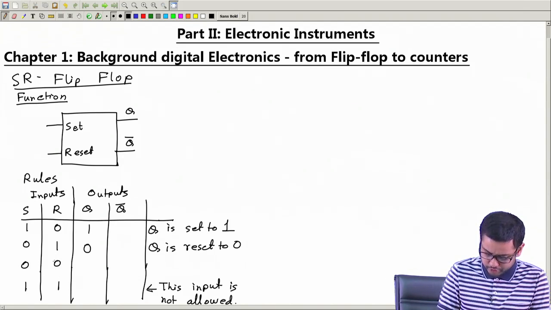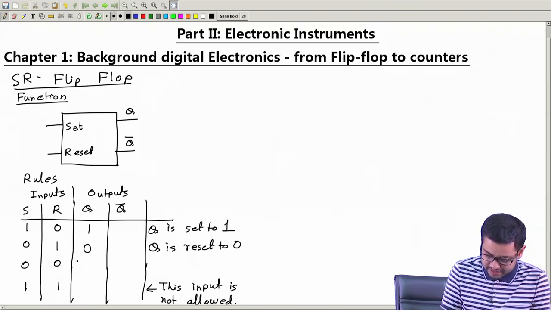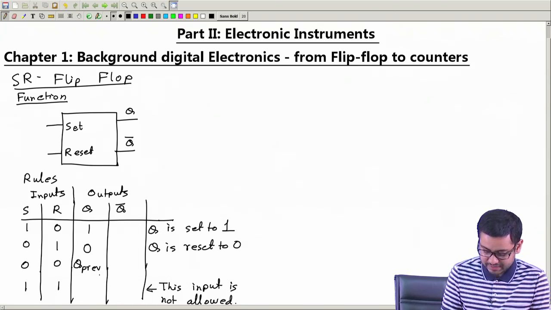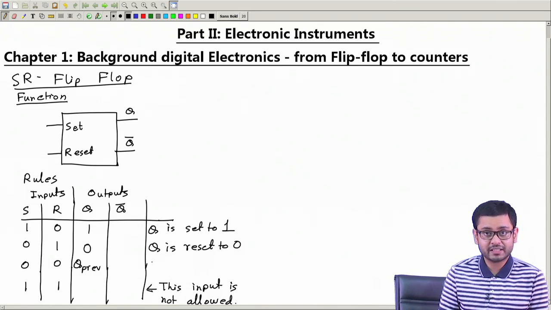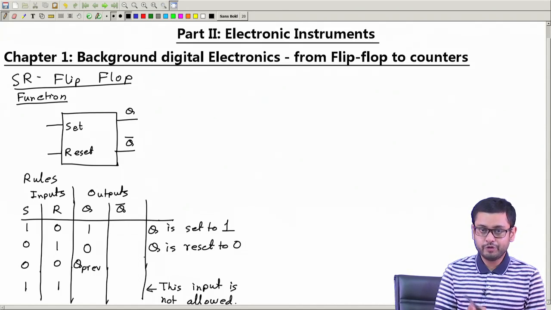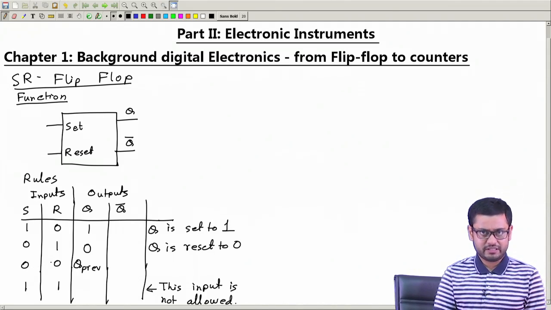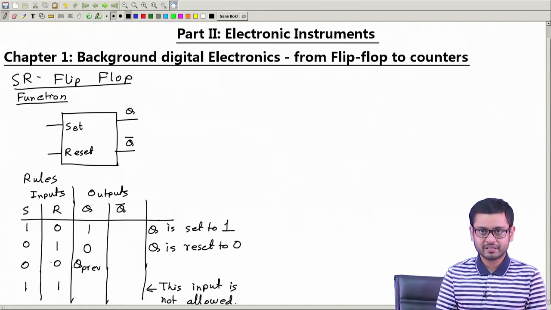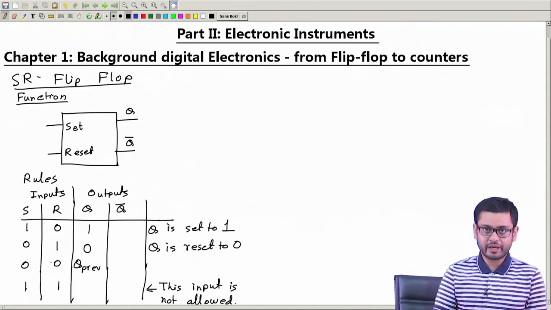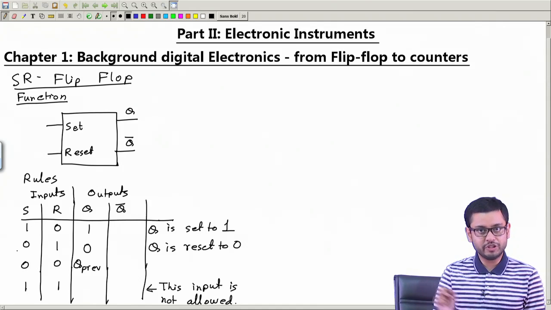Now 0, 0. If you give 0, 0, what will be the value of the Q output? We say that the value of Q will be the same as Q previous. Q previous is the value of Q which was there before you gave this input 0, 0. That could be 0, that could be 1. That value will remain. If the previous value was 0, after you give this input, it will remain 0.